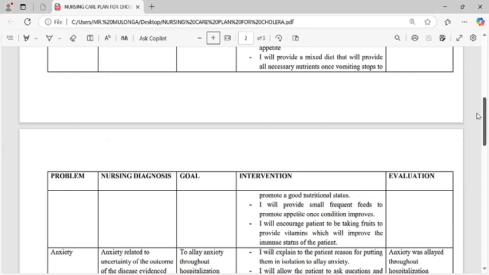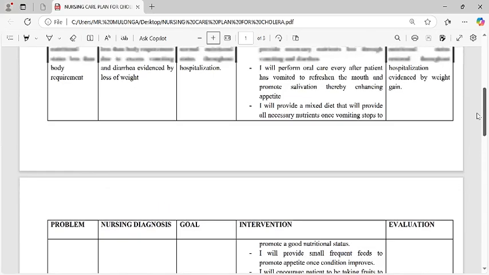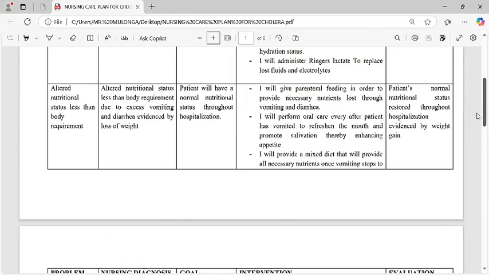But remember, be cautious and considerate that this is a cholera patient. Therefore, whatever you are doing, know that in the first few hours, this patient is excessively vomiting and passing diarrhea. So the best route, the first intervention, should be giving parenteral feeding.